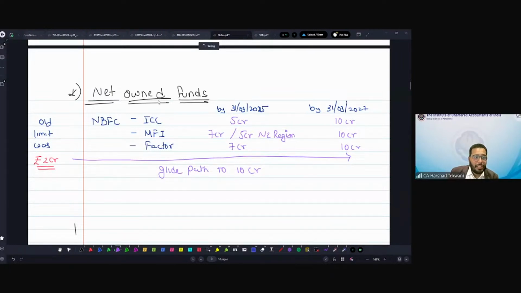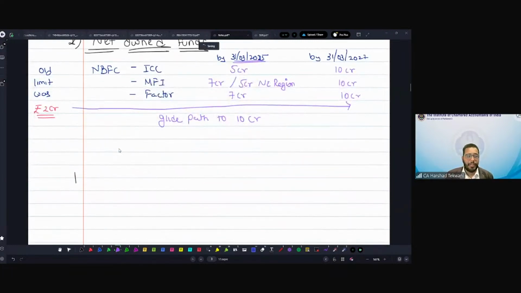So as of 31st March 2025, for ICC, MFI, factor, you have to write 5, 7, 7. And if it is a northeast region for MFI, then again 5. Now what about others? What is the requirement for others?